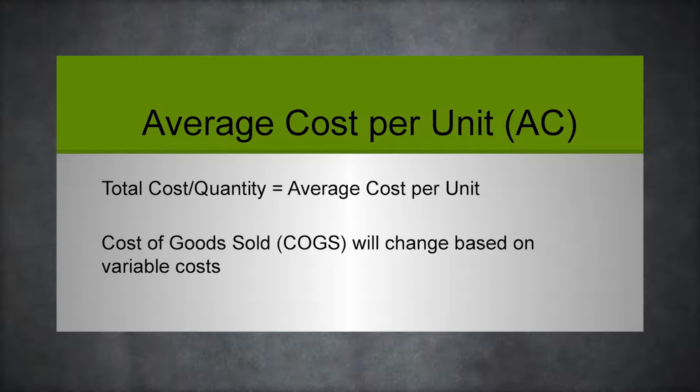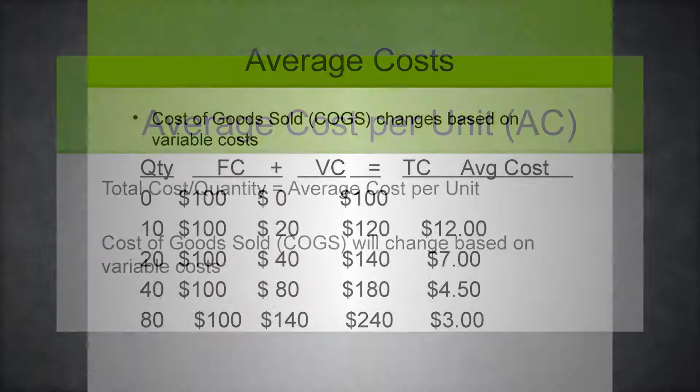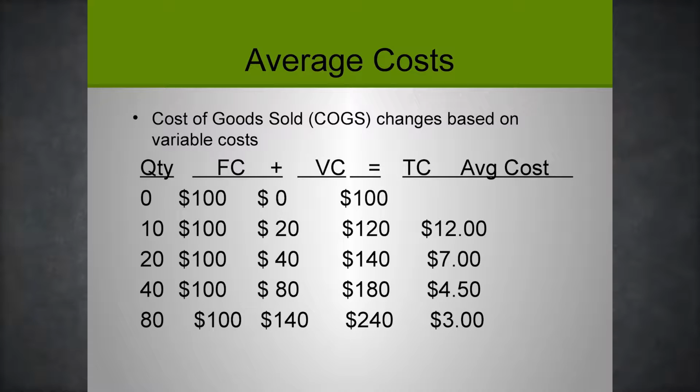So then we have to know our total cost and divide it by the quantity to get our average cost. That's pretty simple. And our next slide will show us that big difference, right? If we're producing nothing, but we have fixed costs of $100, it's bad.